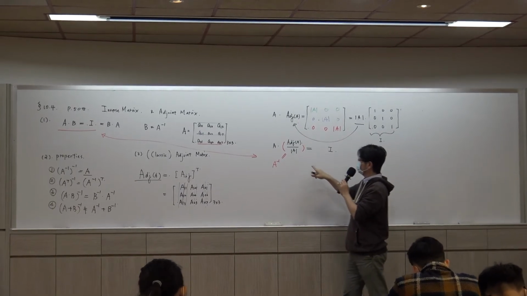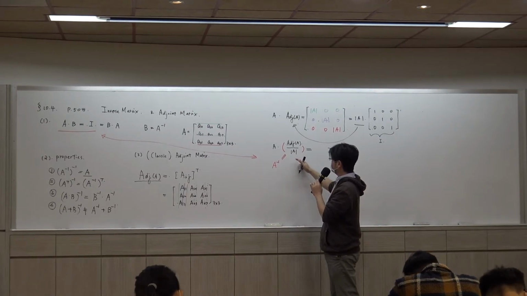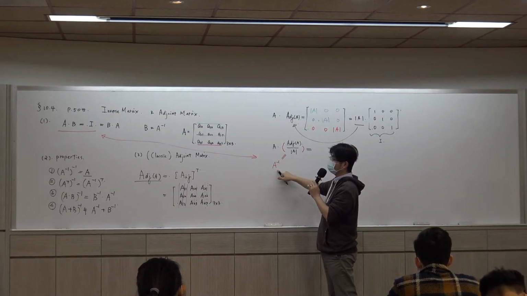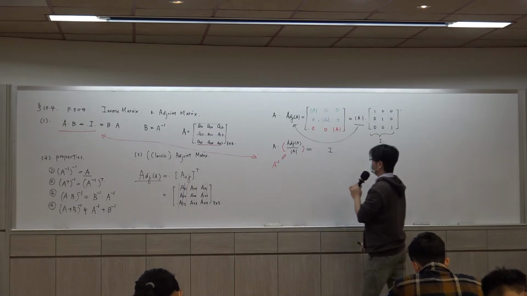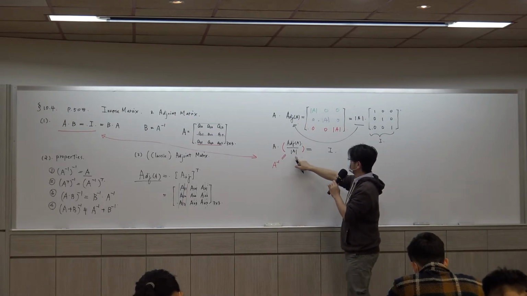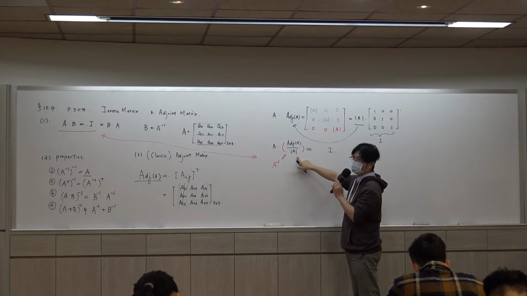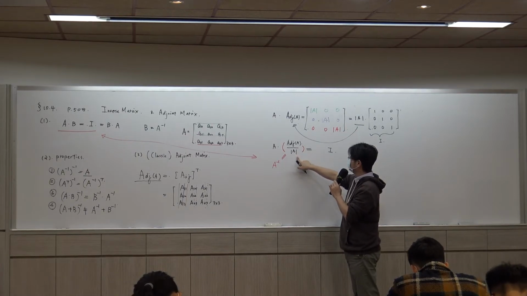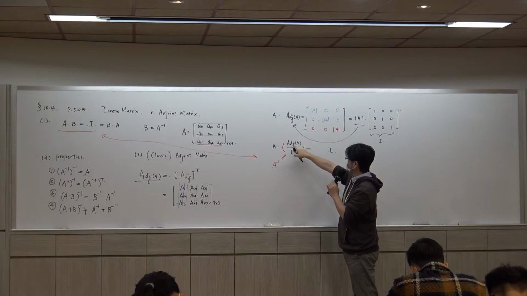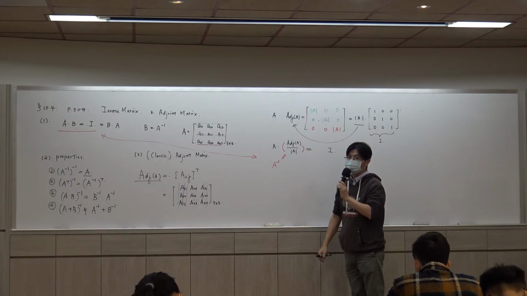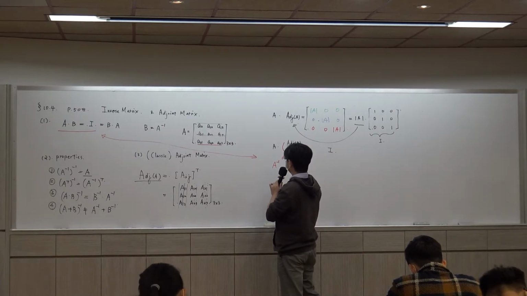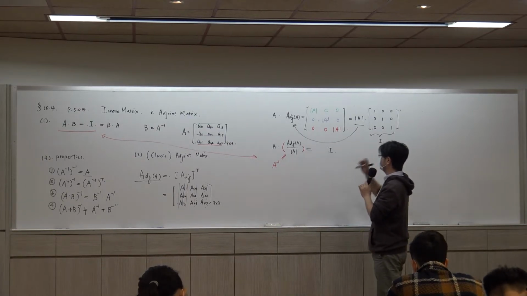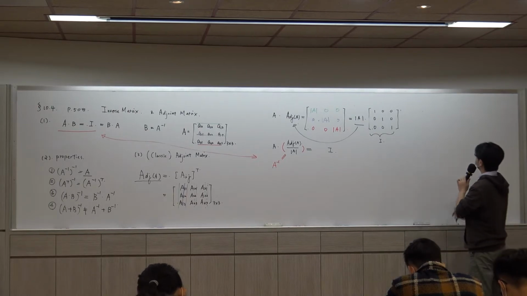So if we want to derive the inverse matrix for a specific matrix A, we need to get the determinant first. Then we come up with the adjoint matrix of A. Then we can get A to the minus 1.